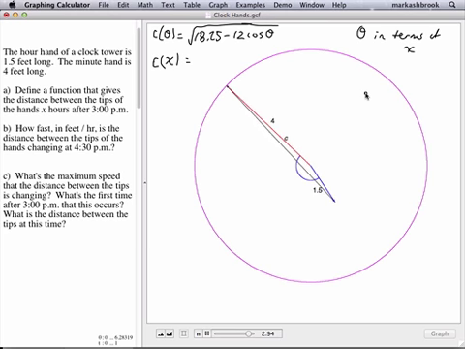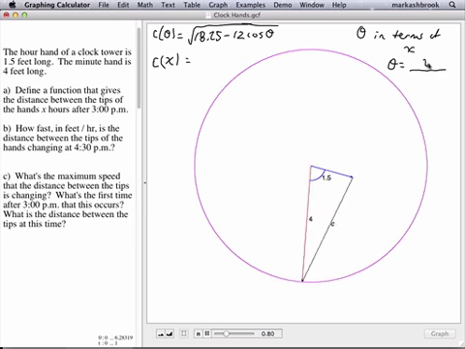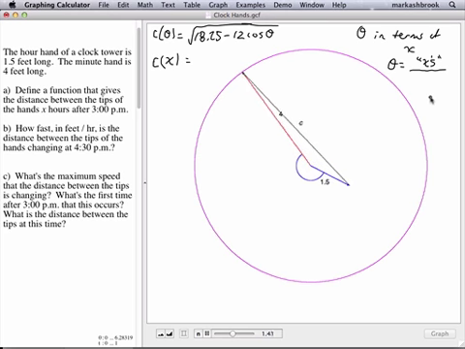We're going to do that. So we need theta equals something with x's. Some rule where we can express theta in terms of the time that's gone by after 3 o'clock.